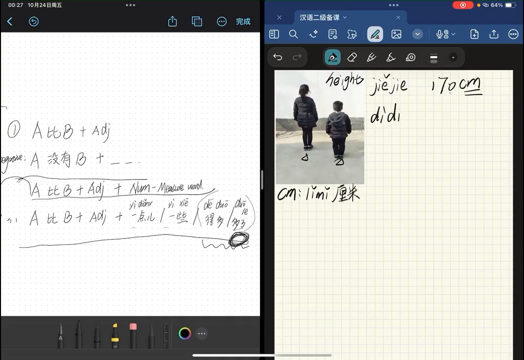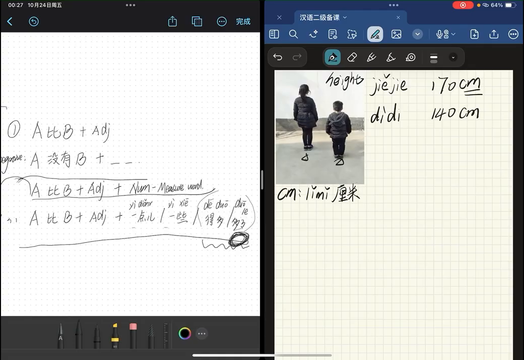So it's 170厘米. This is the elder sister's height. And the younger brother's height is 140 centimeters.